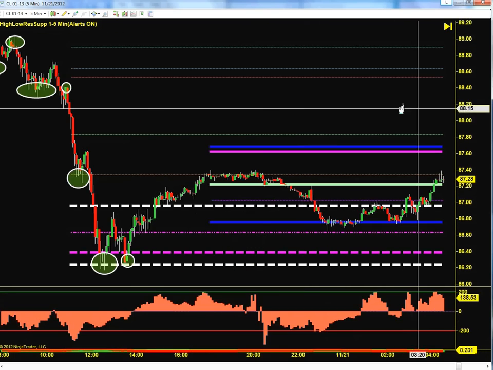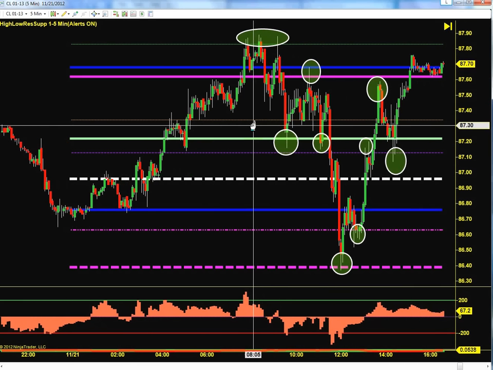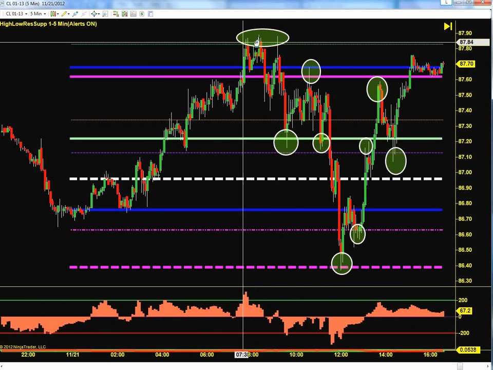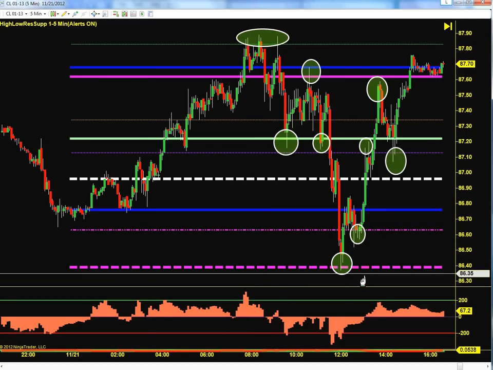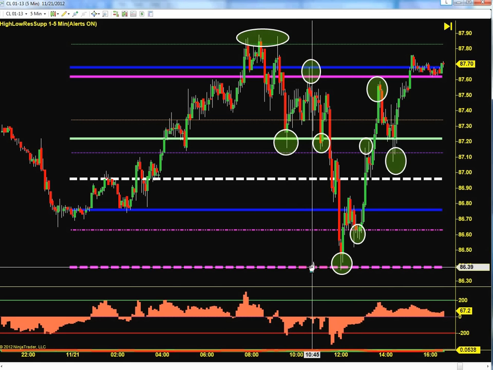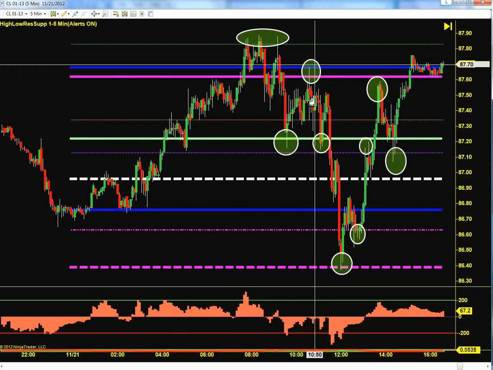Wow, see, it's automatic. Now why is it rejected from here 3 times? This is the bank line. Why is it rejecting down? Because the magenta is down. The big magentas are down. This magenta and this magenta have a relation, and the blue and green blue have a relation, and the whites have a relation.